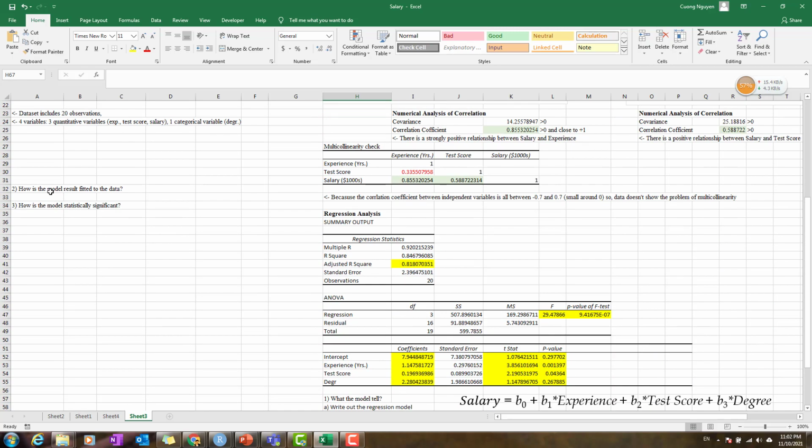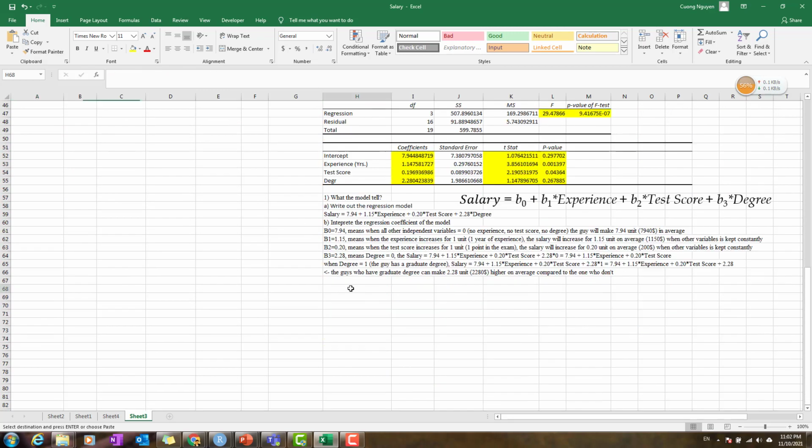Now let's go into the second question. How well does the model fit the data? For this one, that means we answer the third question, the goodness of fit of the model. So we check the adjusted R-squared over here.